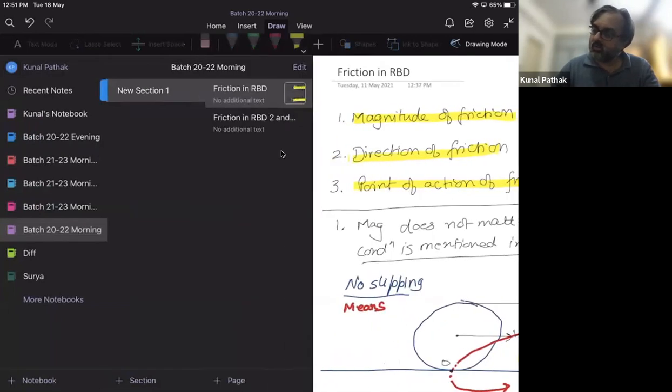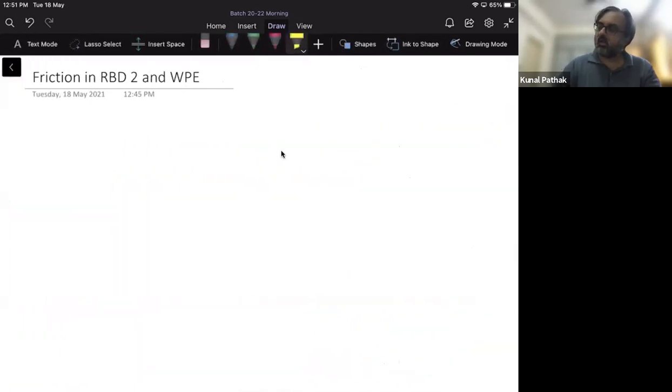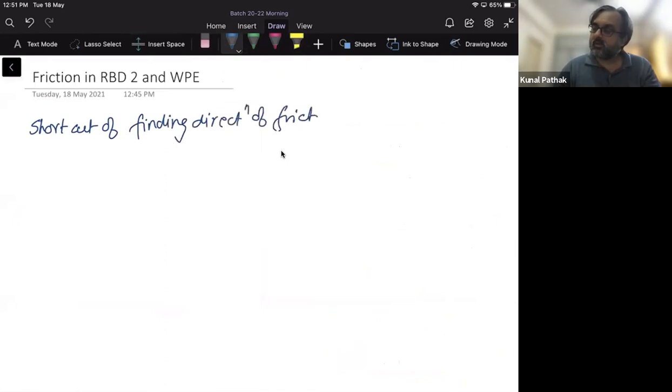Okay, so the shortcut first, quickly. Shortcut. Direction of friction, please remember, does not always work.